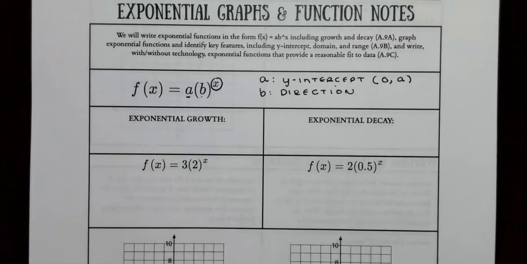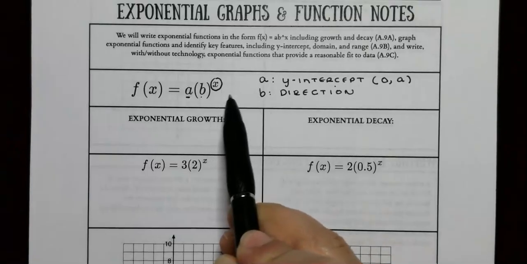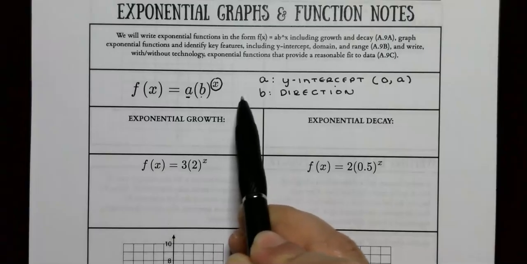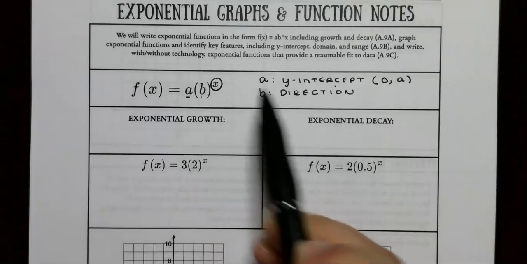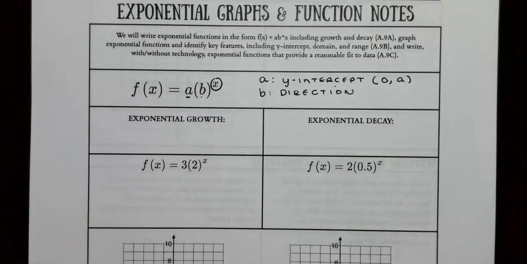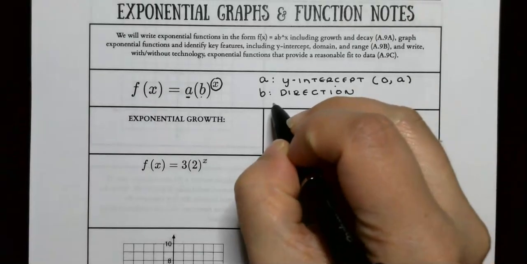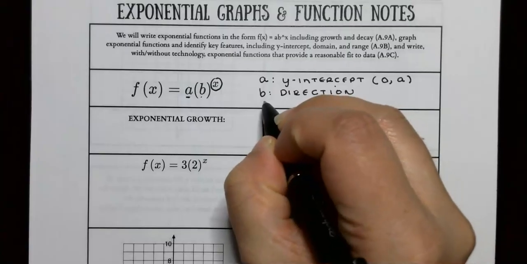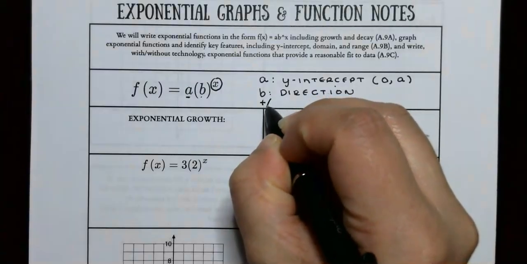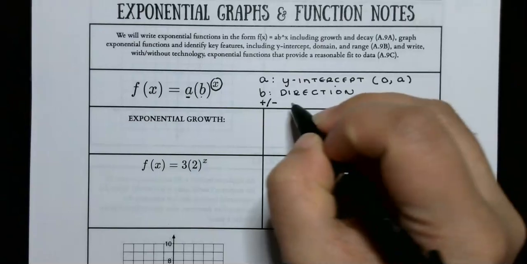Okay? And then lastly, you don't see it here, but if there was a number that's being added or subtracted over here on the outside, that would actually be the invisible line that we call an asymptote. So I'm just going to put right here whatever is being added or subtracted.